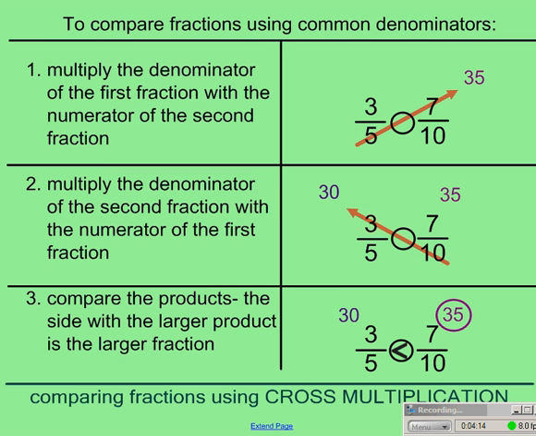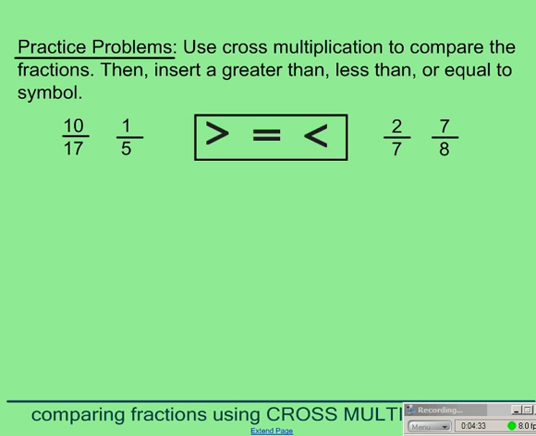And we can see the products. The product on the right, 35, is larger than 30, therefore 7/8 is larger than 3/5. This is called cross multiplication, and it's another way to determine which fraction is larger.